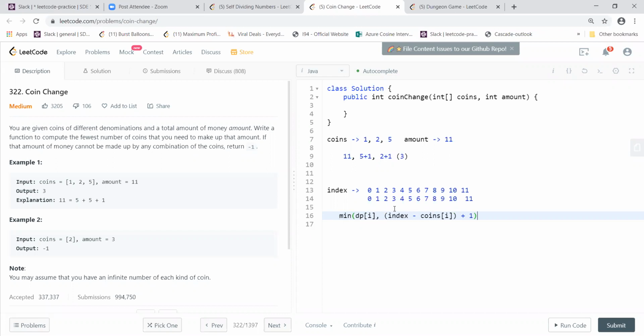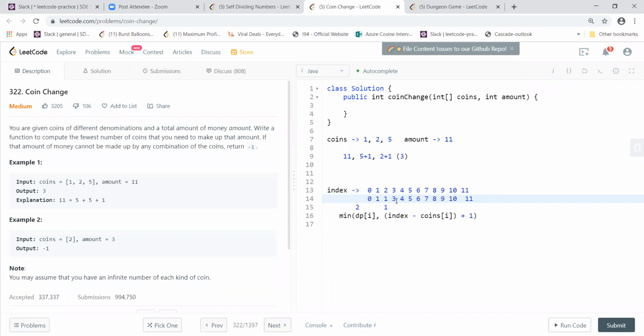In this case, the DP value previously was 2, and the current one I'm calculating is 1, right? So I will take the least one, and therefore I will just remove this 2 and make it 1. For the 3 also, I do the same thing. It is 2, I go here, it is 1.